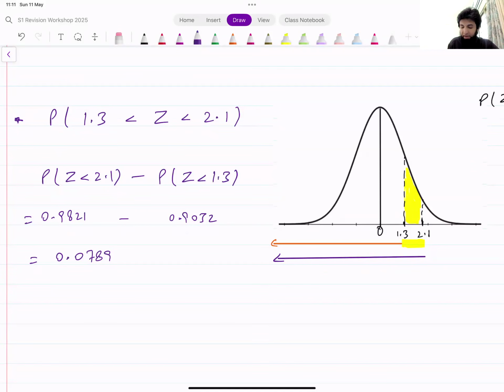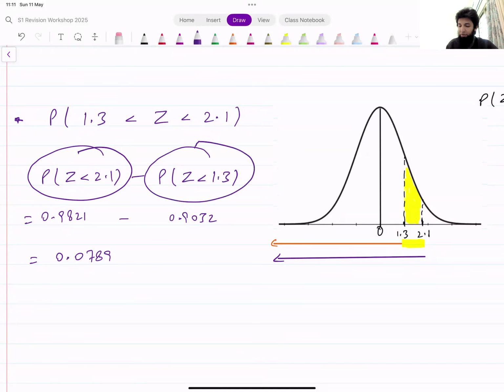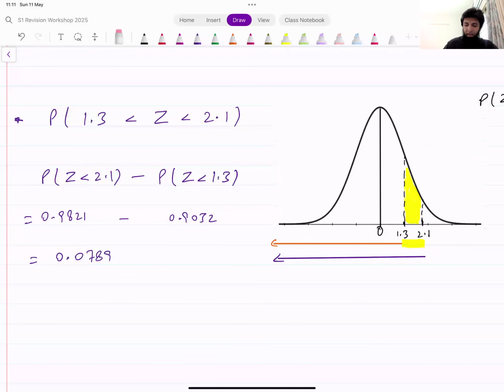We're thinking of the area on the graph. On the graph, the area to the left side of 2.1, if you subtract from that the area to the left of 1.3, you will get this area in the middle. And now both of these are standard forms. Z less than 2.1, you can find this from the table. Z less than 1.3, you can find this from the table. Find those two probabilities, find their difference, and you get the result.